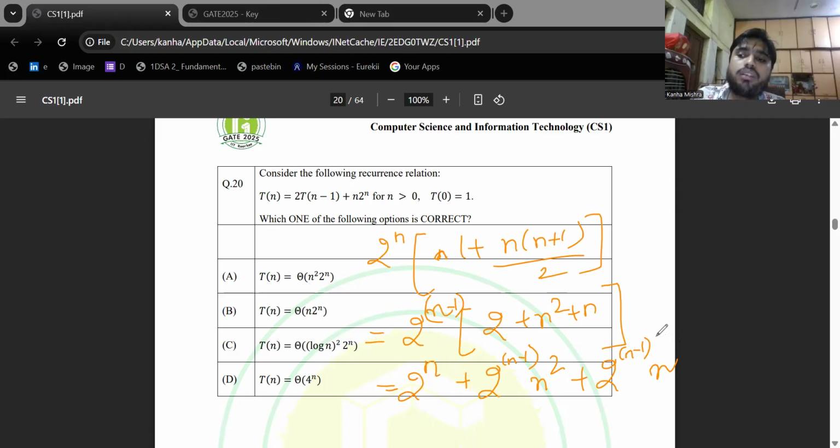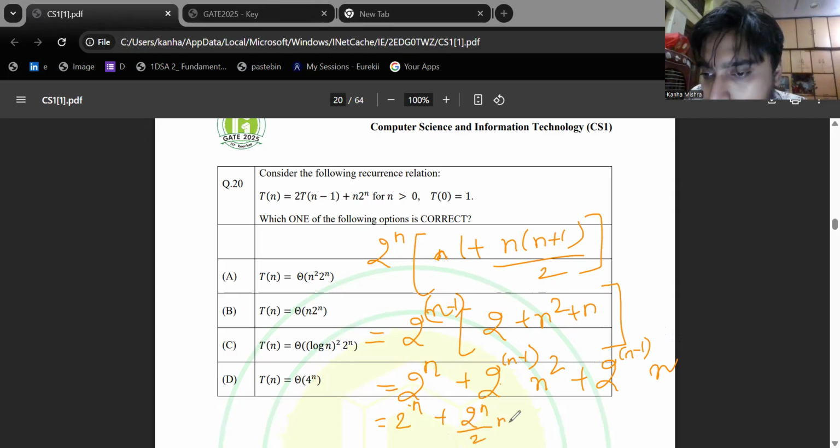So now, what term to take? This is actually a division of two. If I try to write this, it actually looks like 2 to the power n plus 2 to the power n upon 2 n square plus 2 to the power n upon 2n. This is what it looks like.